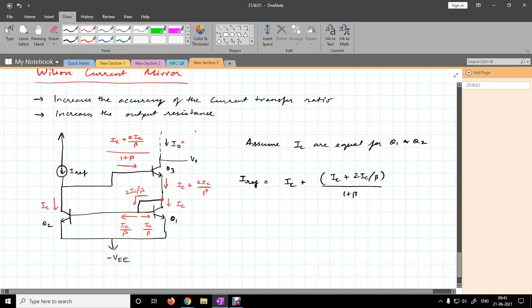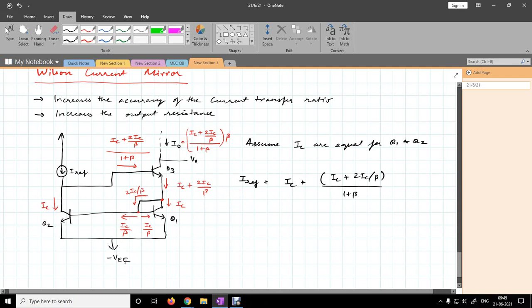So this whole thing, IC plus 2IC by beta divided by 1 plus beta, is the base current of Q3. If I multiply that with beta, I will get I naught. So start with the collector currents of Q1 and Q2, and from there you carry on.